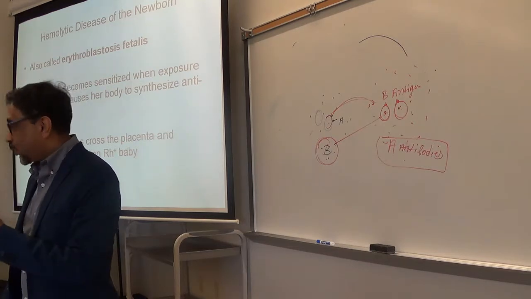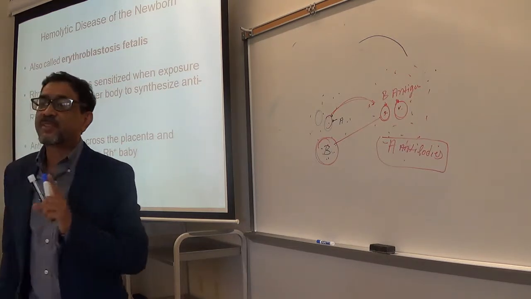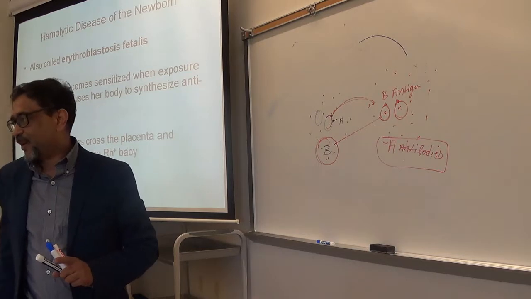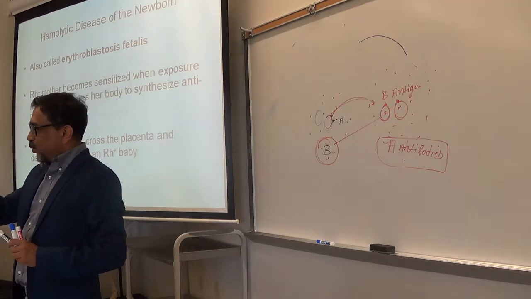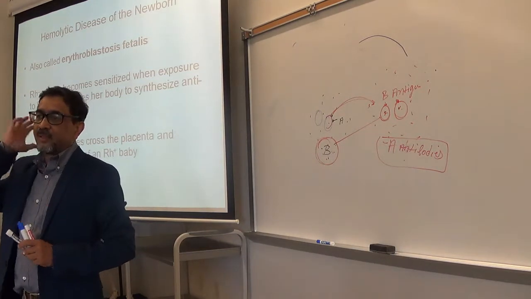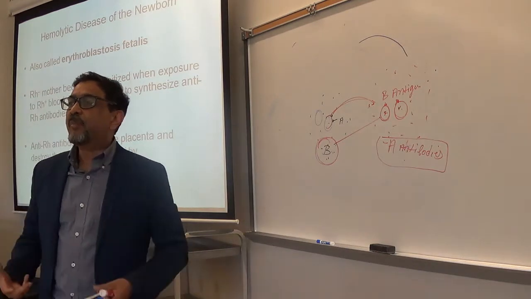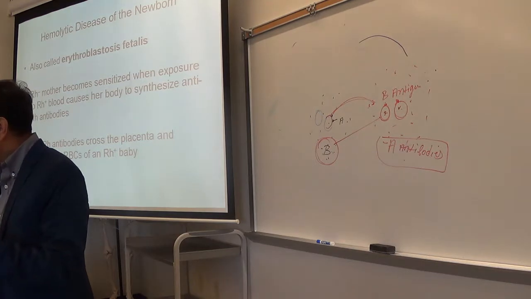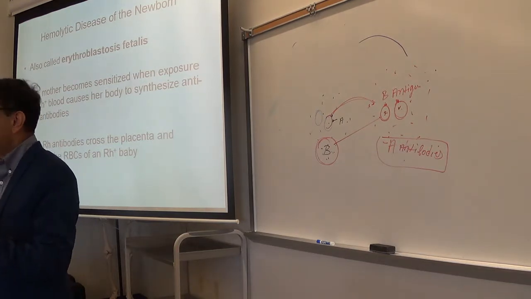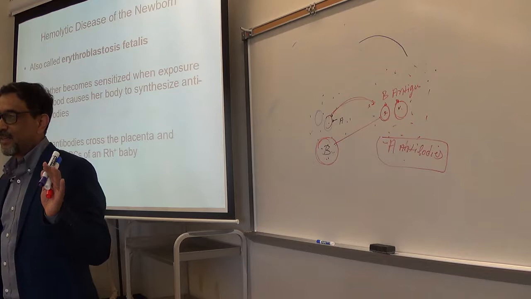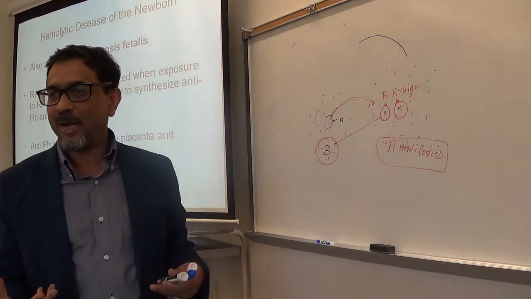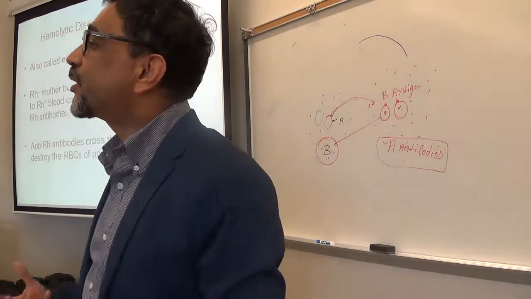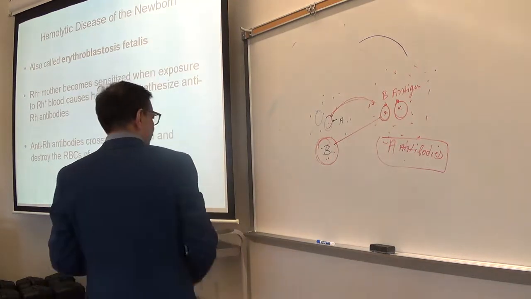Yes, erythro, red blood cells, right? Blasts are immature. That means in a newborn baby, in the blood, you will find many immature red blood cells. That's why this clinical condition is called erythroblastosis fetalis. In fetal blood or newborn baby blood, you have plenty of immature red blood cells.